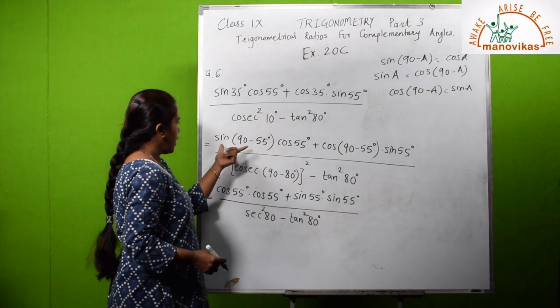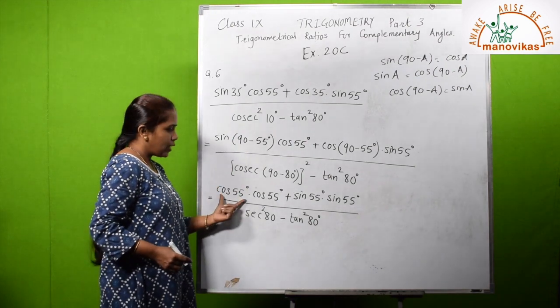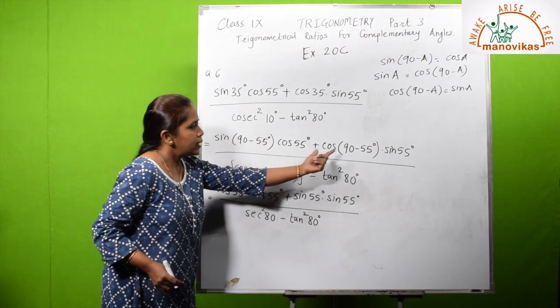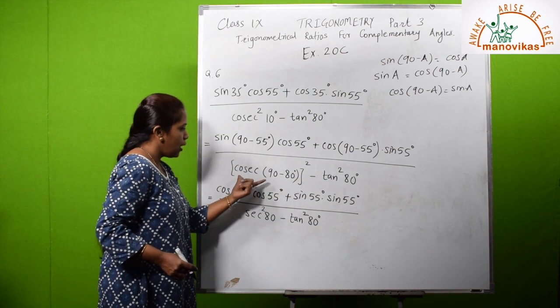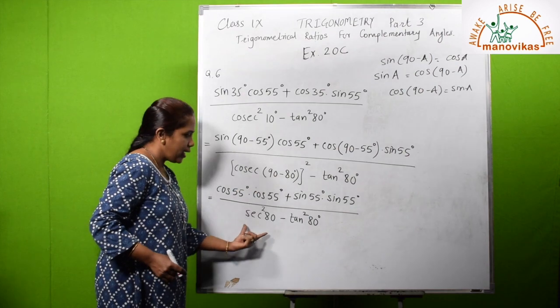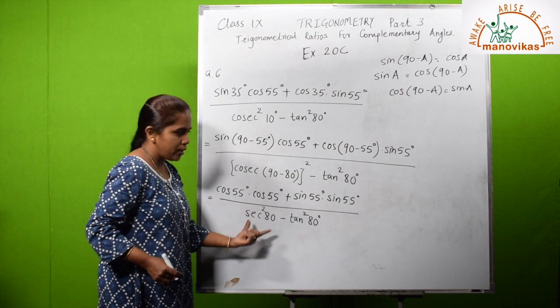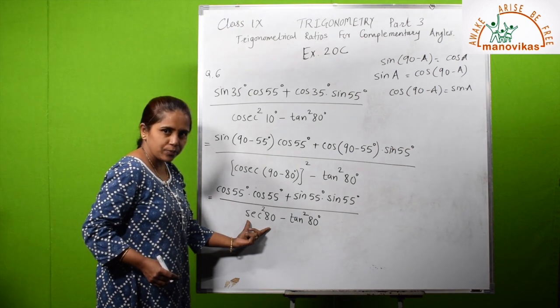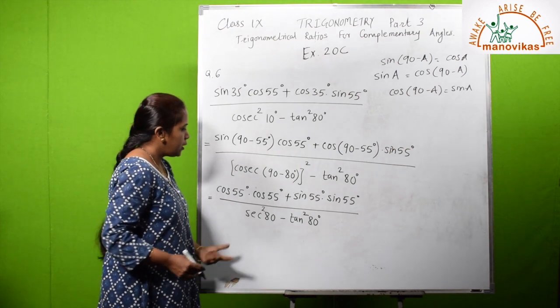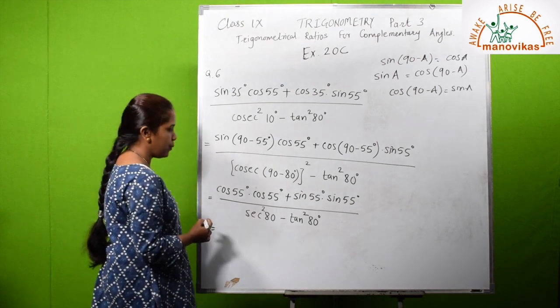Understood this step? Sine 90 minus A is cos A, cos 90 minus A is sine A, and cosec 90 minus A is sec A. Here square is there, so I have written sec square 80 degree. Okay, so now further we have to simplify this.